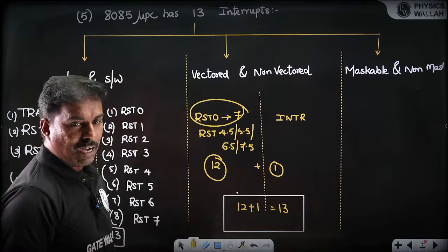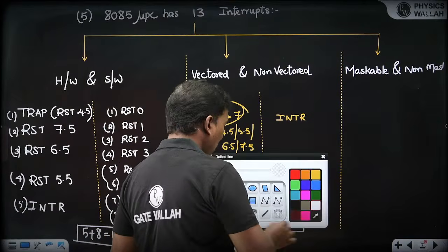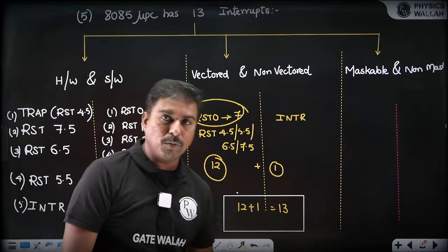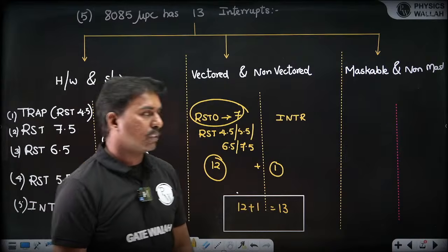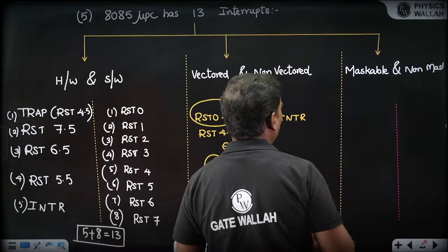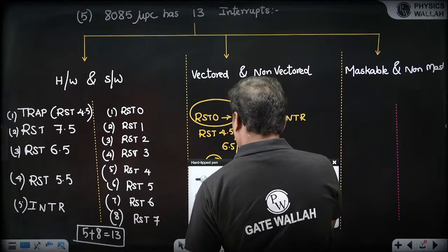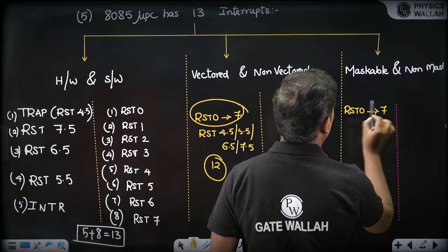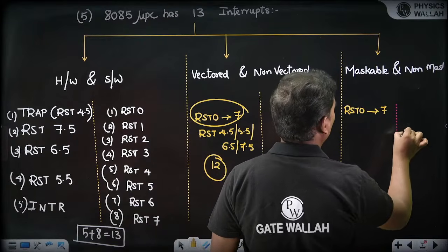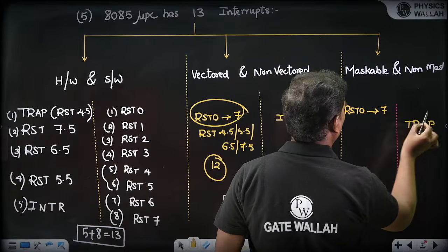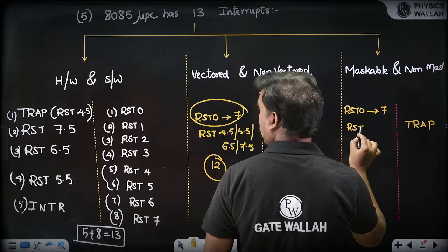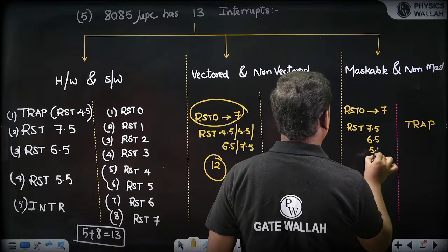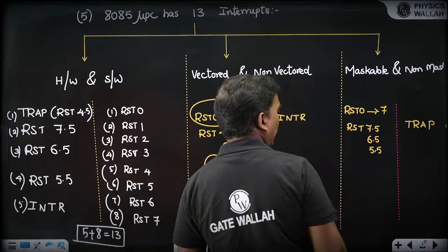Maskable and non-maskable means whenever an interrupt happens, if we can prevent it, we can call it maskable; if we cannot prevent it, we call it non-maskable. So what will come in maskable interrupts? RST 0 to 7 and TRAP is the non-maskable, remaining like RST 7.5, 6.5 and 5.5, and INTR.